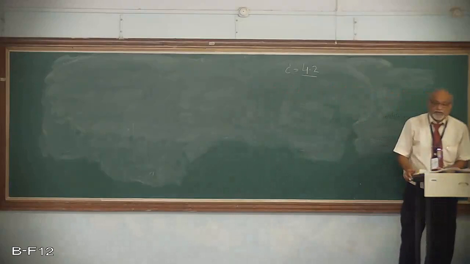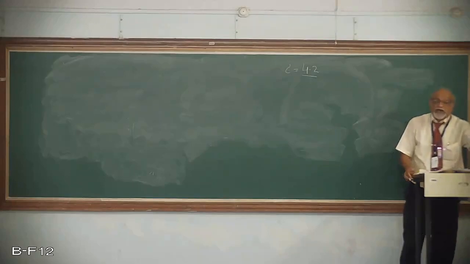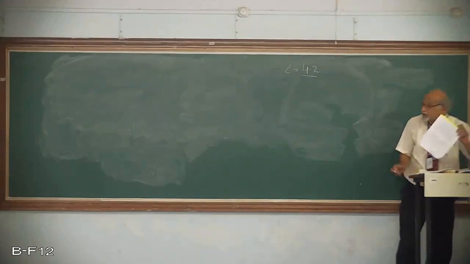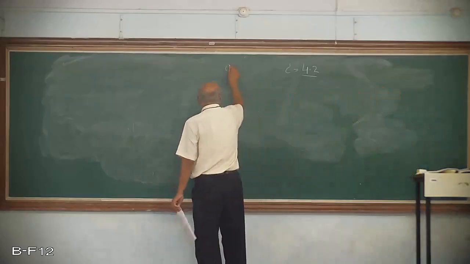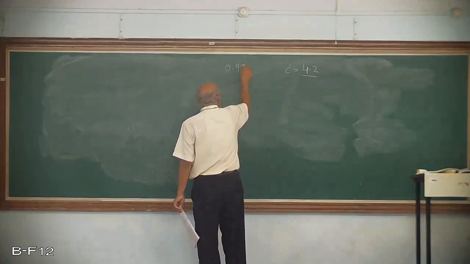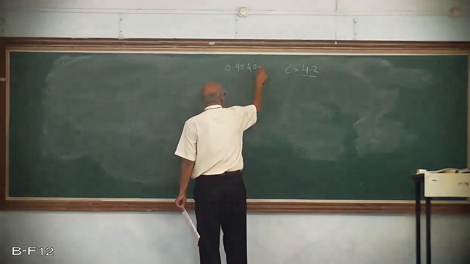Mind it, it is not 3 sigma control limits; this is the probability control limits. So I need to find out for these two areas. What are those areas? He has given 0.95 and 0.05.